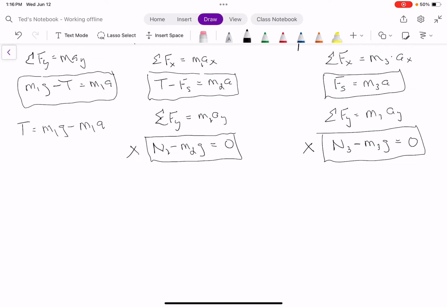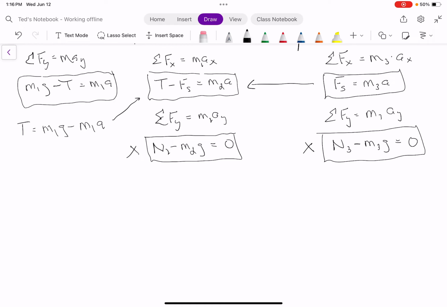Now, I did a little bit of algebra there, but go ahead and see if you can follow that algebra and make that make sense. And on the far right side, we have the spring force is equal to m3a.